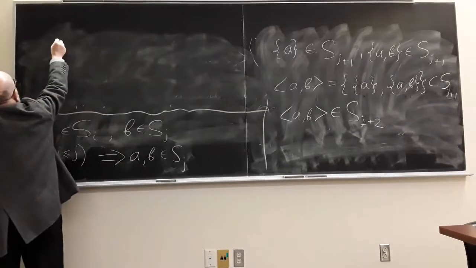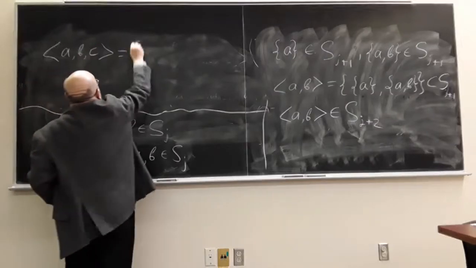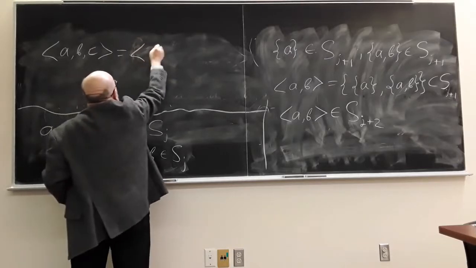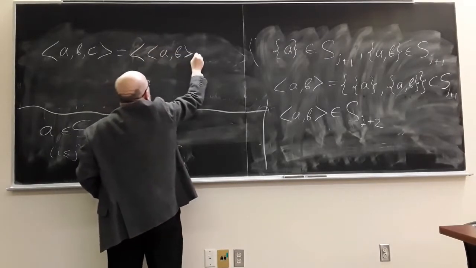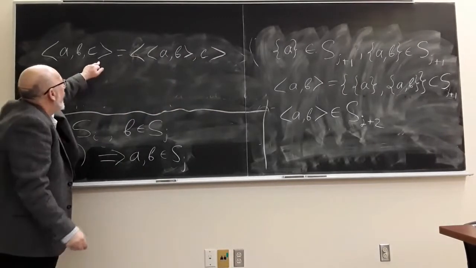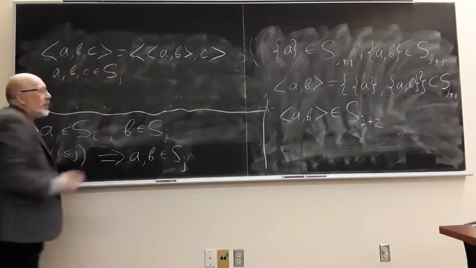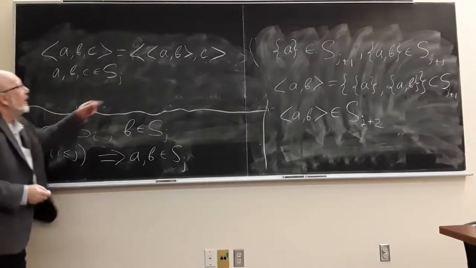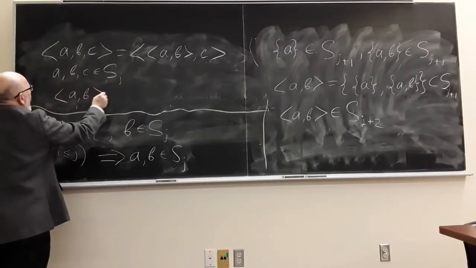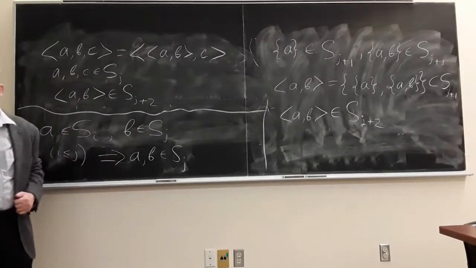So, A, B, C. Suppose that A, B, C themselves are at the level Sj. Then this AB is at the level Sj plus 2, as we know already.